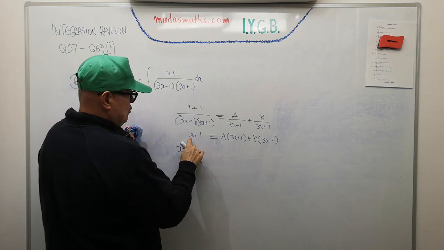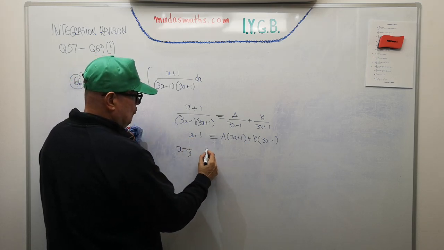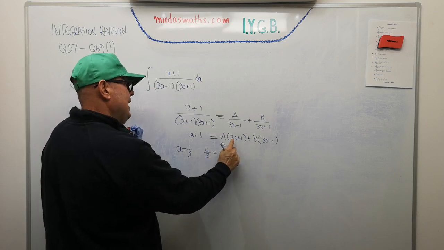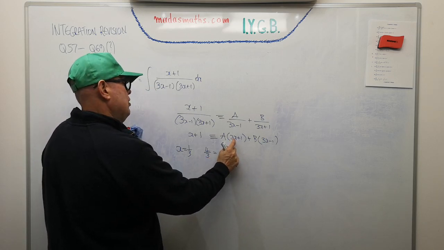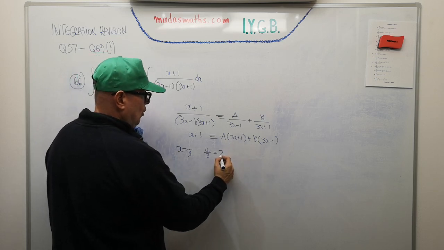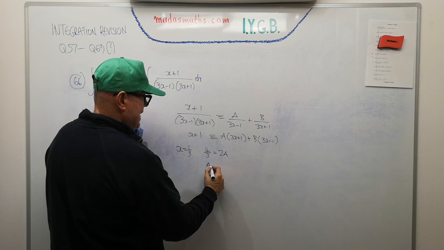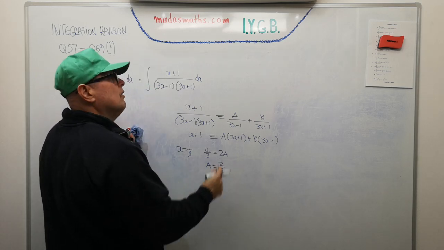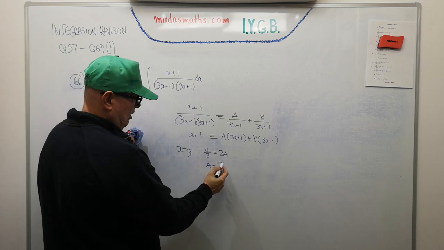So if I do that, a third plus 1, which is 4 thirds, is equal to, putting a third in there, a third of 3 is 1, plus 1 is 2, 2A. So A, I don't like the look of that at all, is 2 thirds. I have the answer up there, so I'll check it afterwards anyway.